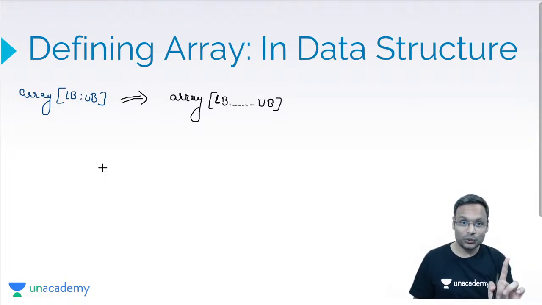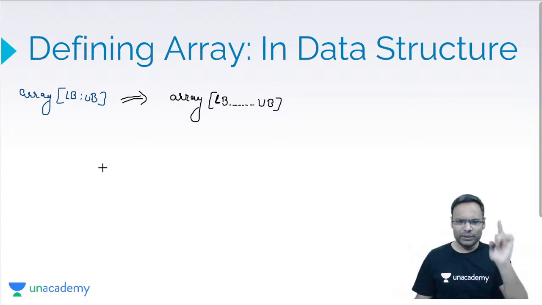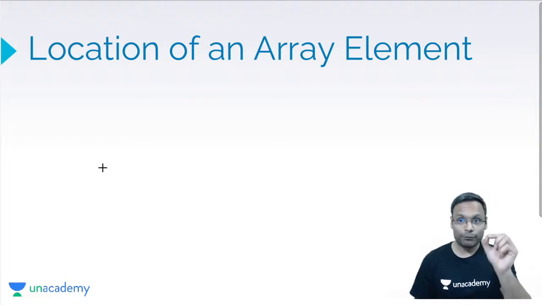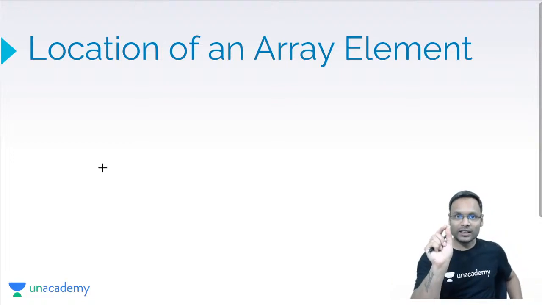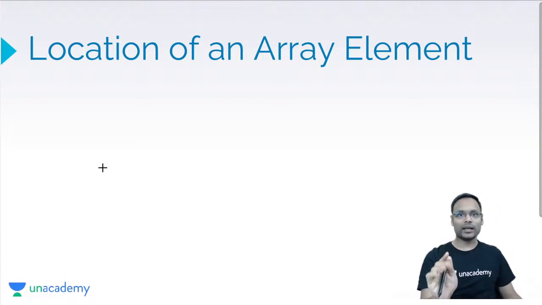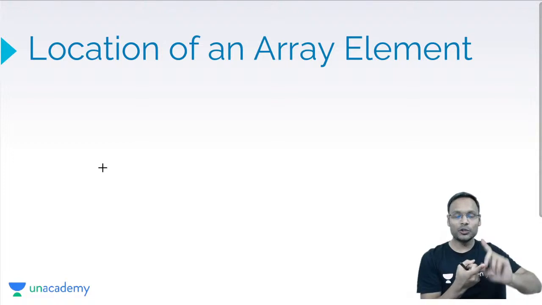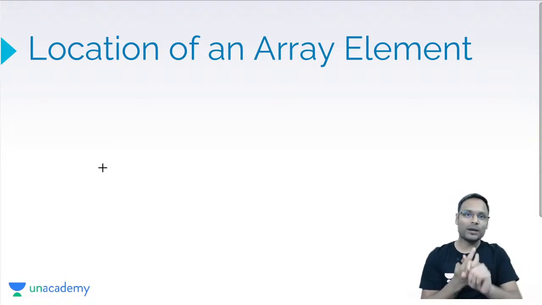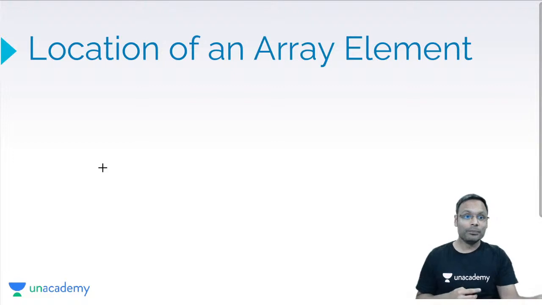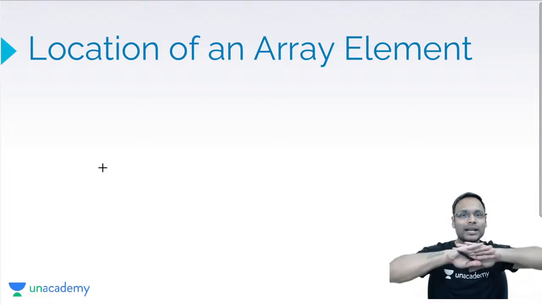Got it? Understood that? Now there is a really big question that arises here: how do you get the location of an element? If you listen to this particular section, I am telling you, you will never get any wrong answer for any type of array, 1D, 2D, 3D, in 2D also sparse matrix or multiple other types of matrix, lower triangular, upper triangular, every kind of array.